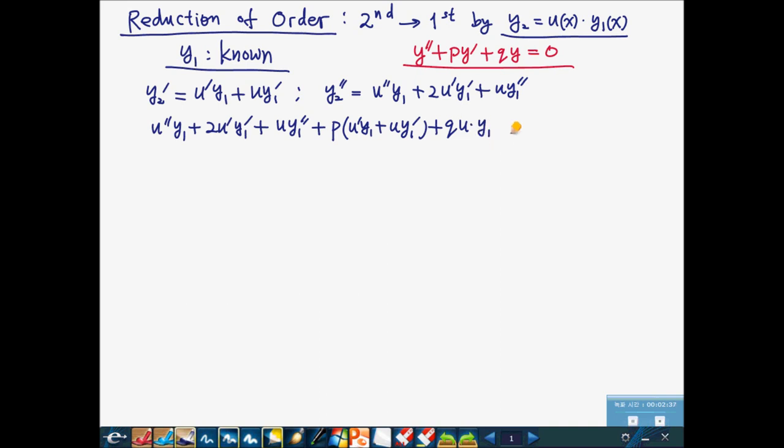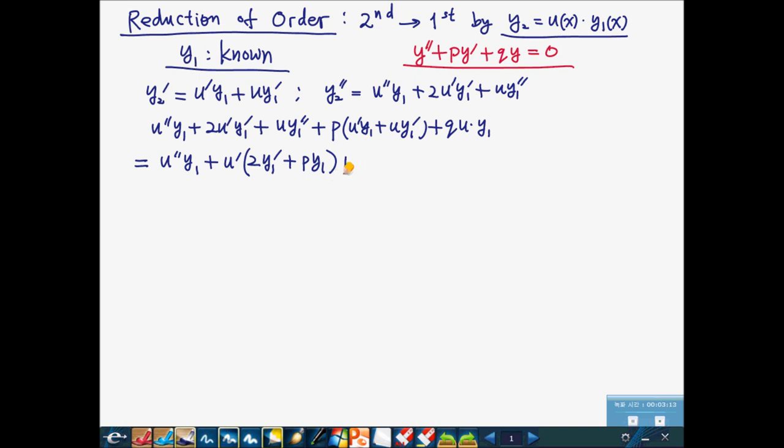Okay? Simply plugging in. And we rearrange this equation, collecting with respect to u's. Okay? And then it'll be u double prime y1 plus u prime, which is here 2 times y1 prime, and u prime is here again, p y1, and that's it, right?